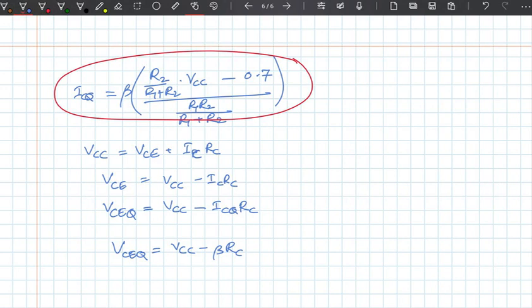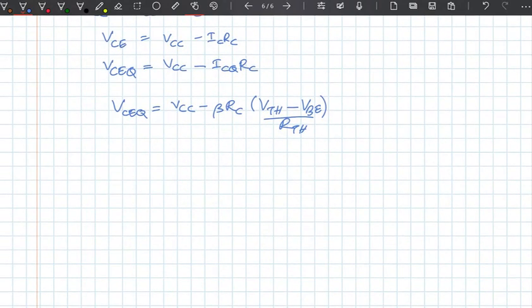I can also write this as VTH minus VBE over RTH from the previous expression. So this is IB, beta times IB times RC. So this is the quiescent condition of this circuit.